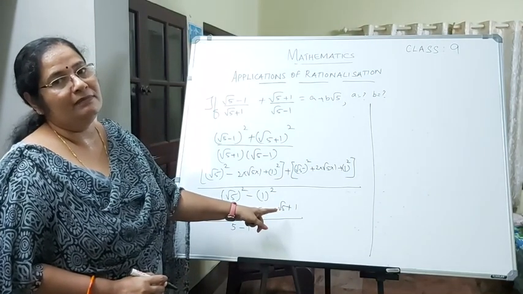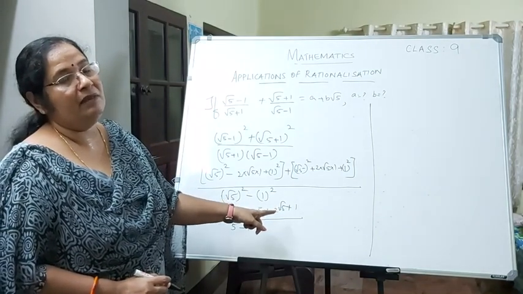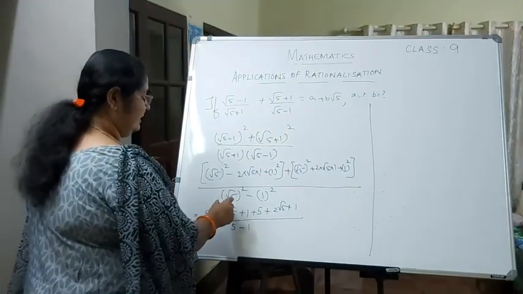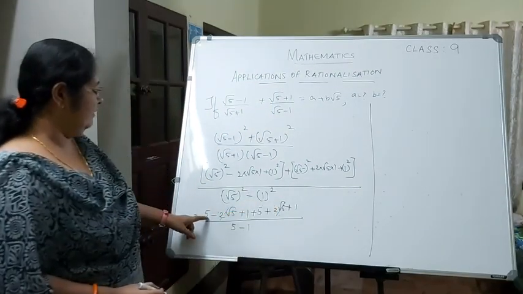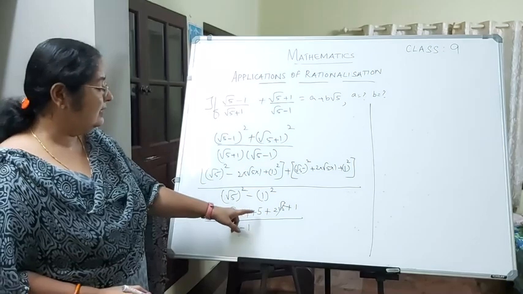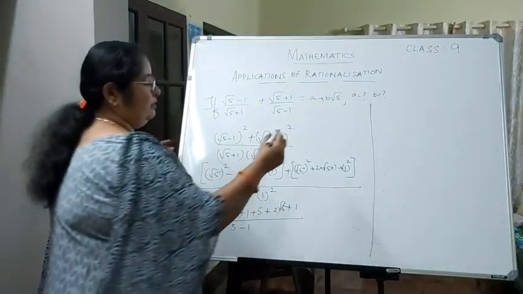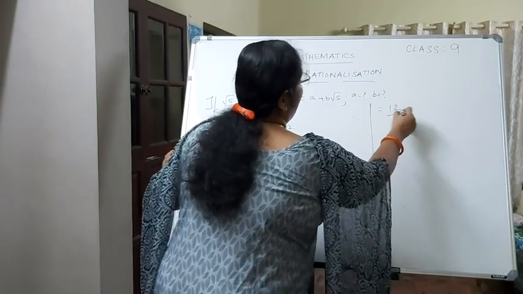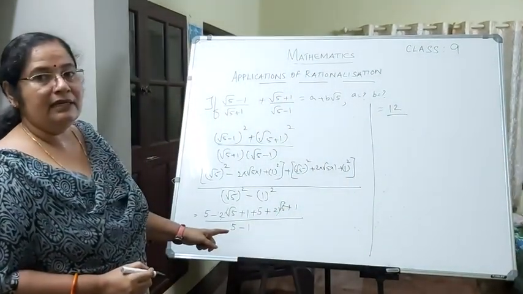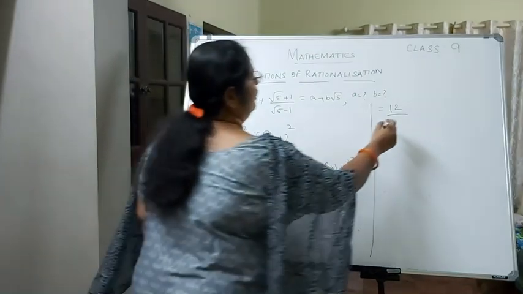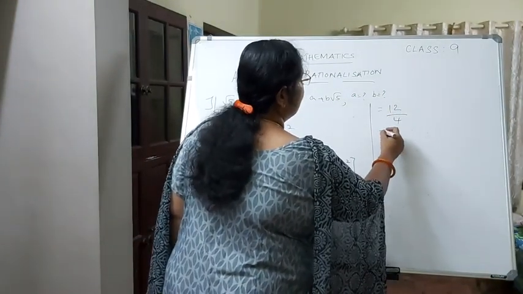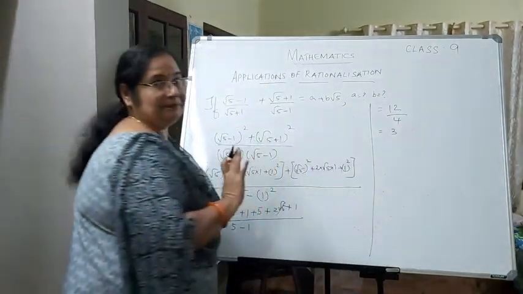What is the sum? Plus 1 minus 1, plus the same thing, that becomes 0. So this gets cancelled. What remains? 5 plus 1 is 6, plus 5 is 11, plus 1 is 12. So the numerator is 12. What is the denominator? 5 minus 1, which is 4. 12 by 4 is equal to 3.